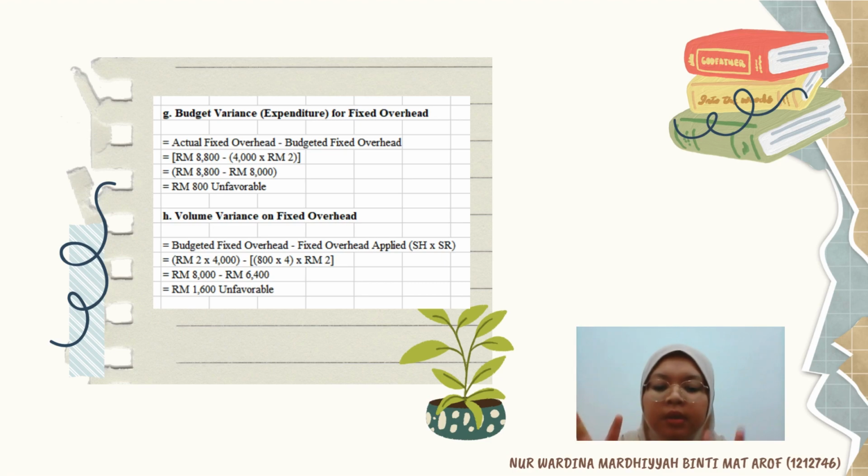So we will subtract both. The first one, budgeted fixed overhead, we get 8,000, and for fixed overhead applied, we get 6,400 ringgit. So we subtract the two, we will get 1,600 ringgit. So this answer also is unfavorable.